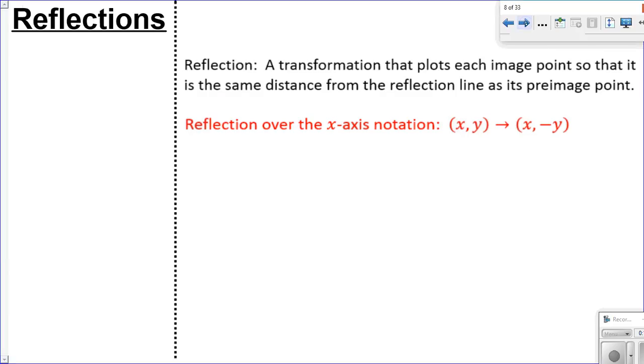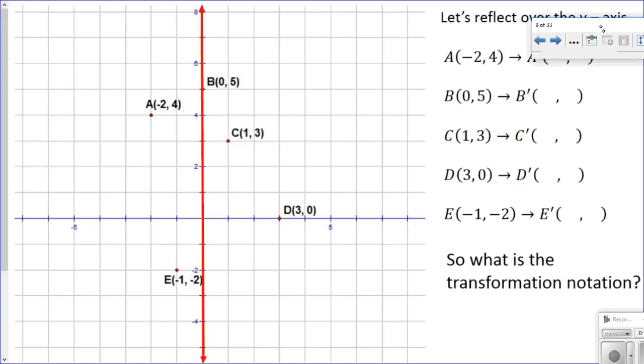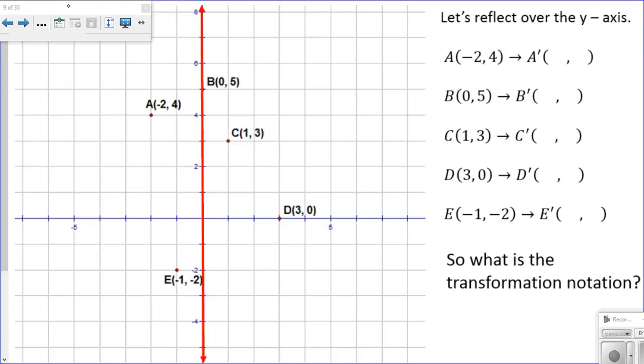Okay. All right, now let's look at reflecting over the y-axis, which is the vertical axis here. A is 2 on the left-hand side, so A prime is going to be 2 on the right-hand side. And so that's at 2, 4. You're not doing anything here, you're just kind of helping me out. So 0, 5 is on the line, so that stays.